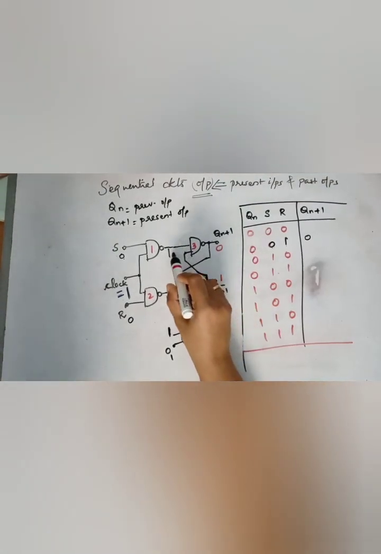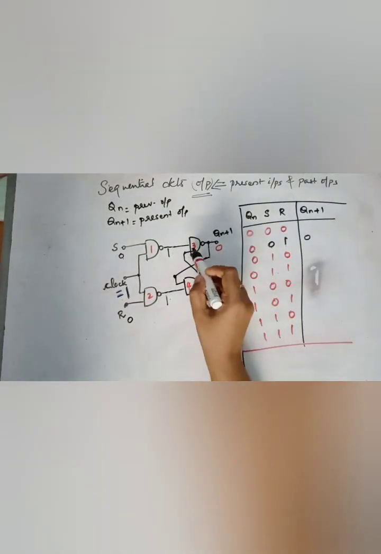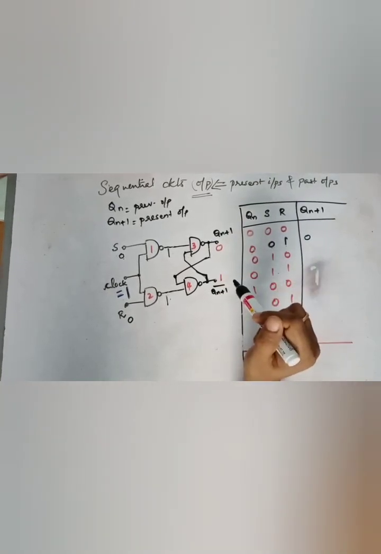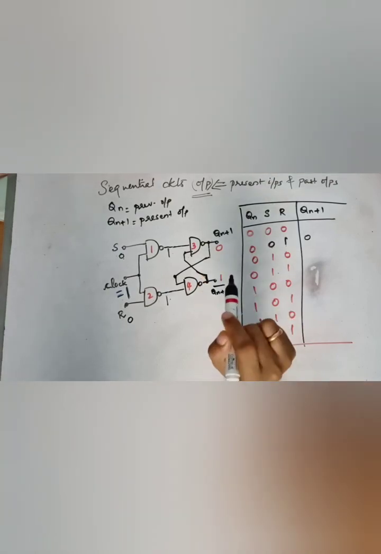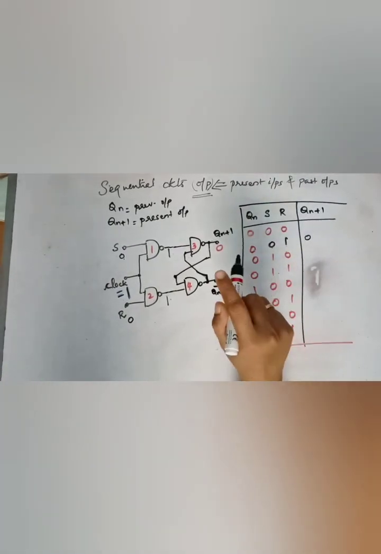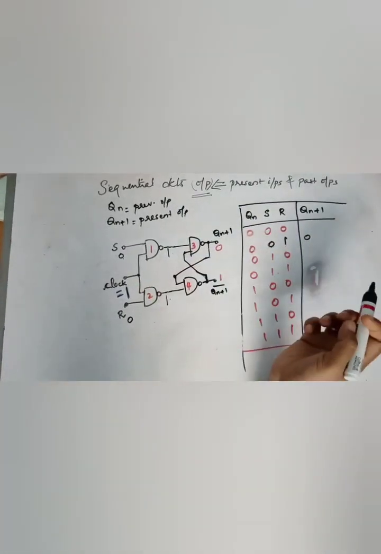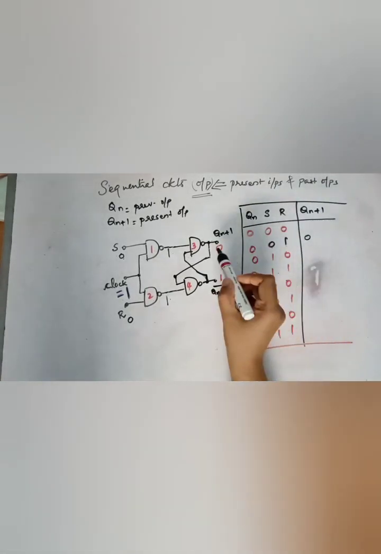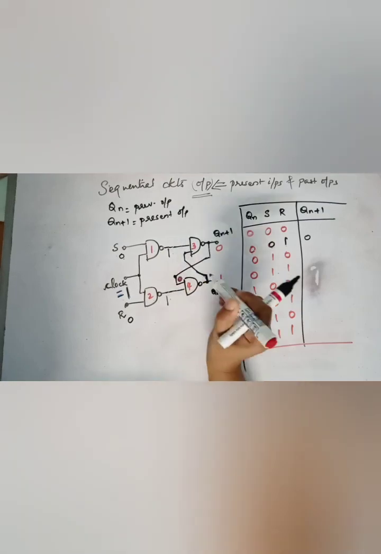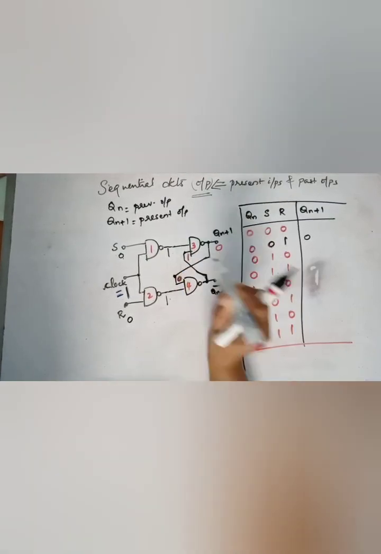That is a similar case here. For 3 and 4, one of the inputs is 1. We can't say what the output is. So in such cases, where you cannot predict what the output is, you'll take the previous state also. That is the one in red. So here the 0 comes, and here the 1 comes.